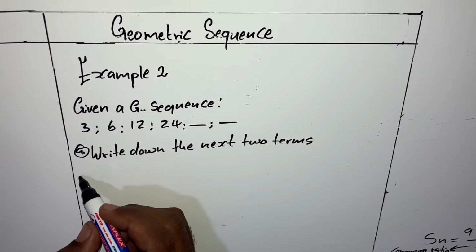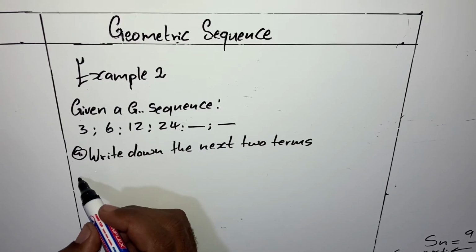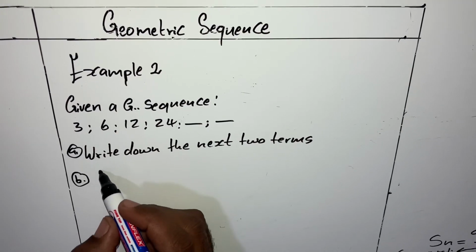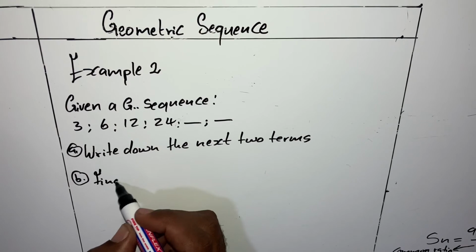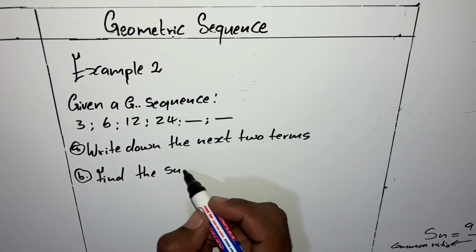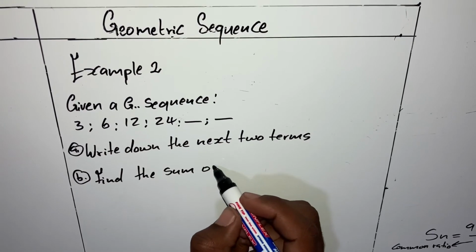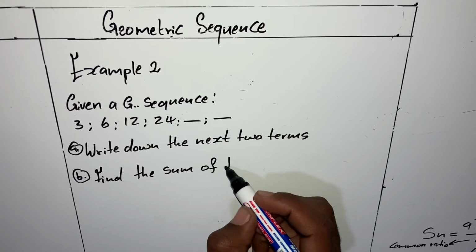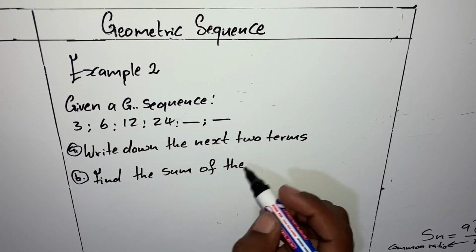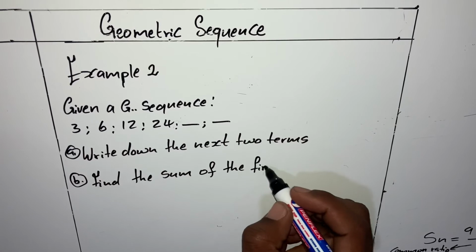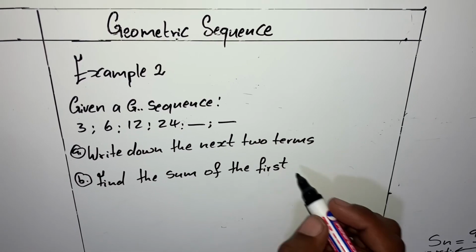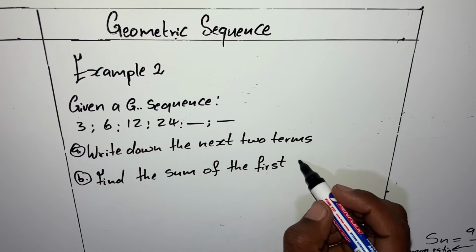Our second question is, find the sum of the first 5 terms.